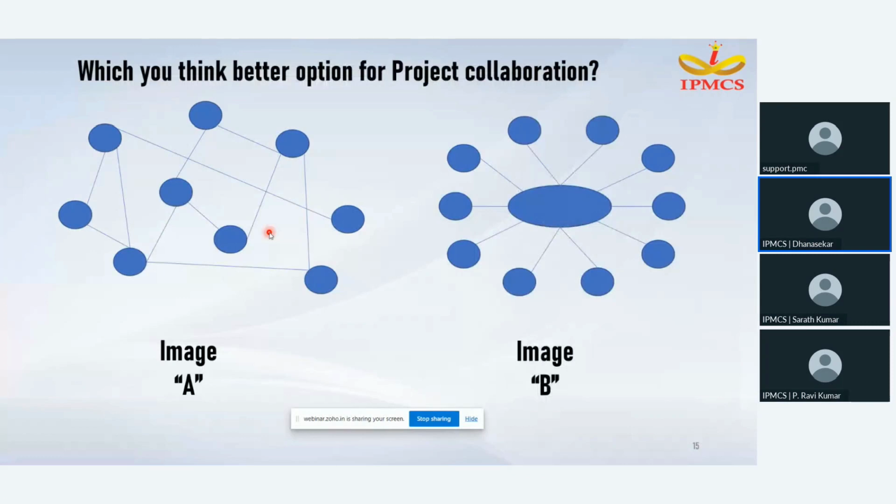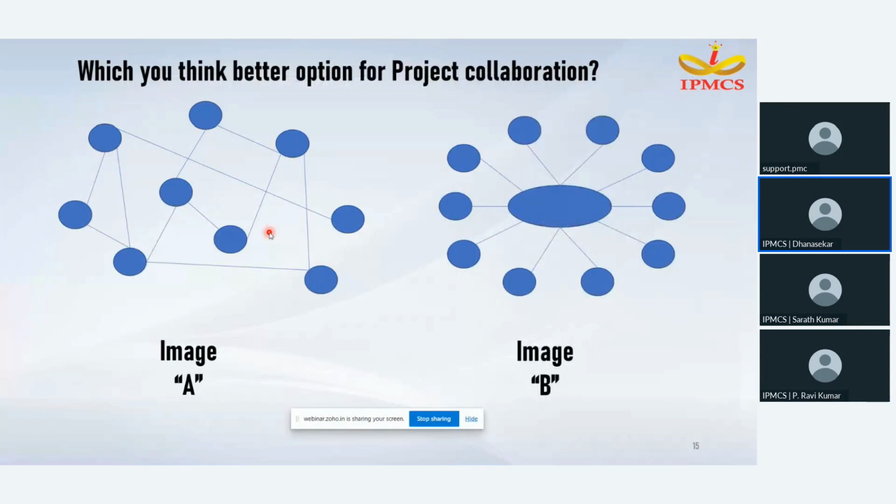In the first image, there will be n number of miscommunications between the teams, and the data is scattered and not channelized. But in the second one, all are connected to a single source of database. So this will be the right methodology to work with to get great success for the project.